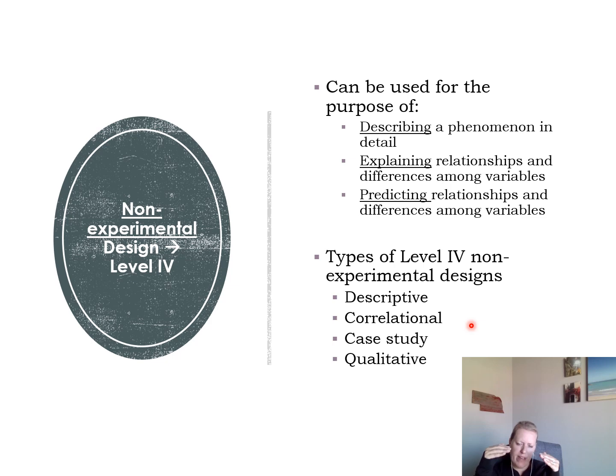You're not doing an intervention, you're just looking at the data. A case study is a type of level 4 non-experimental. So case studies, where you look at usually 1 or 2 patients and you just kind of observe. And then another type of non-experimental is qualitative, but I believe somebody else is talking about qualitative, so I won't touch on those today.